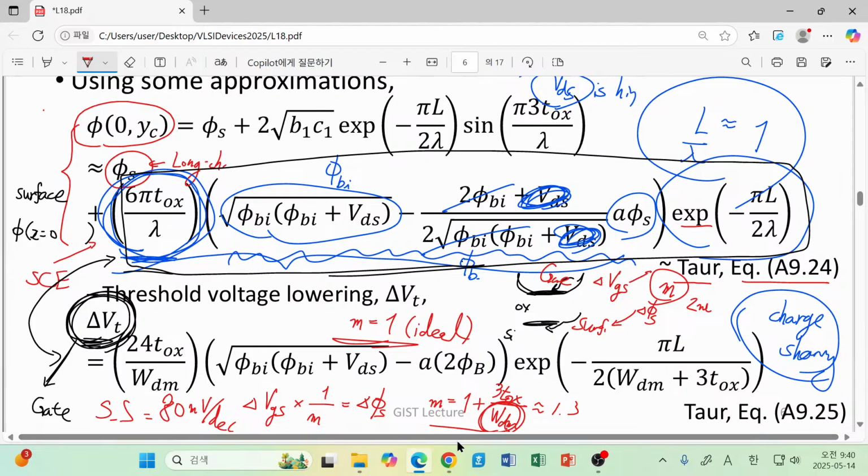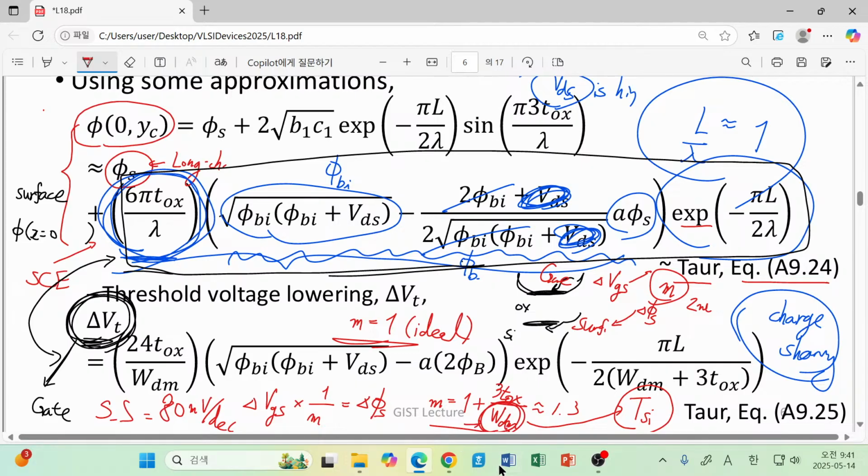So for those devices, this value should be considered as the thickness of silicon instead of the depletion width, because in FinFET or nanosheet FET, the entire silicon region is fully depleted, so we must take this TS value as the role of WD.